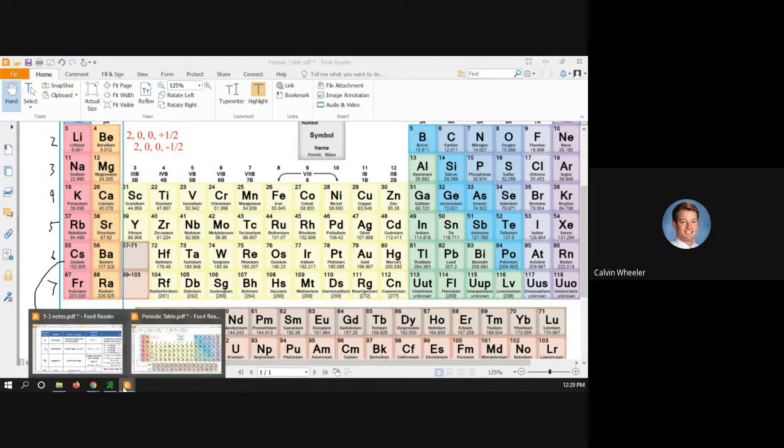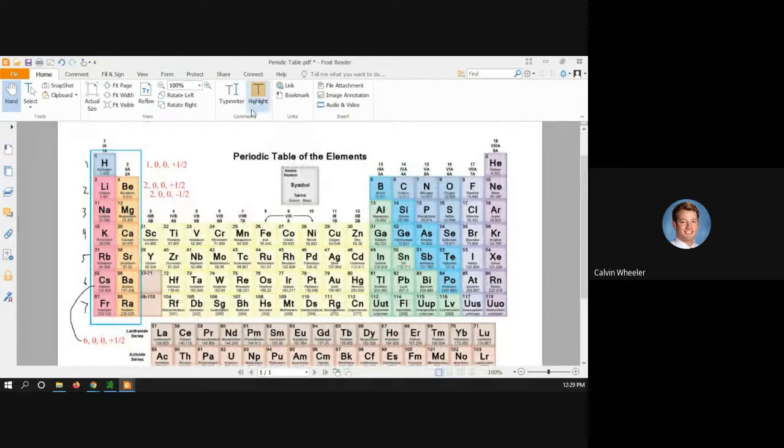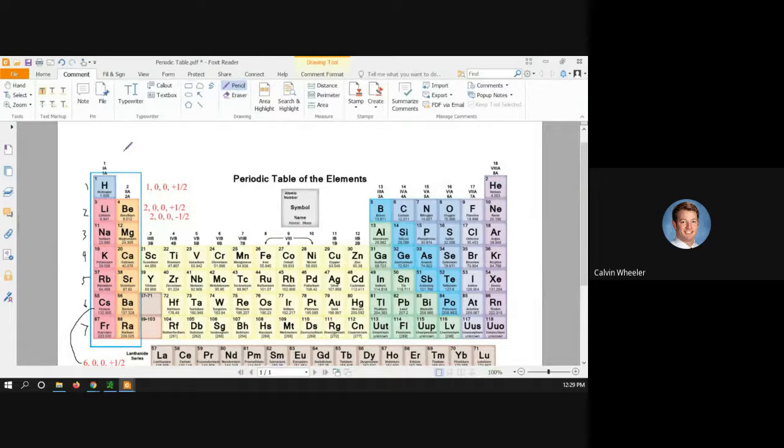Let's try another one. Let me introduce you to the next block. The simplest block was the S block. The next one is the P block, and the P block is over here. There is your P block right there.